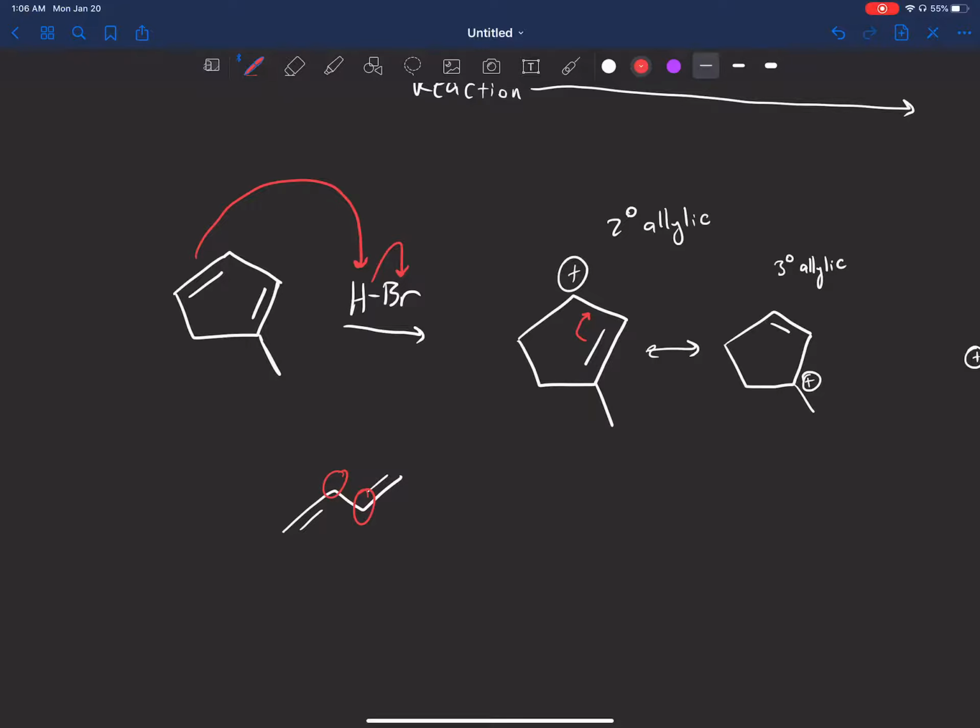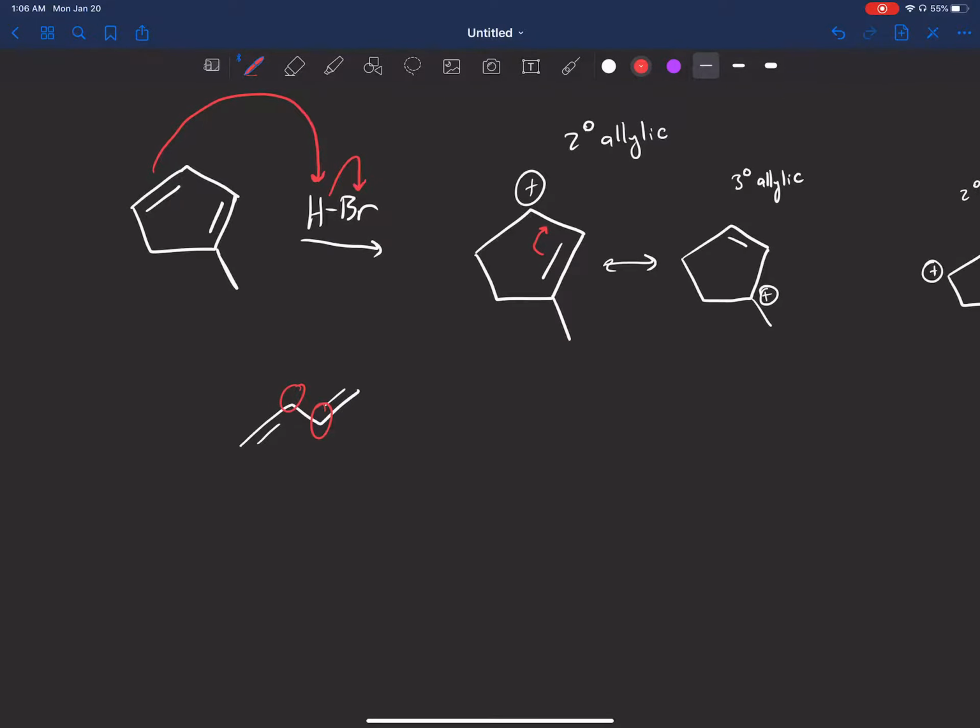Once we figure that out, you now have to look to see which one of those is better, if I put the carbocation at one spot and at the other, when I look at resonance.